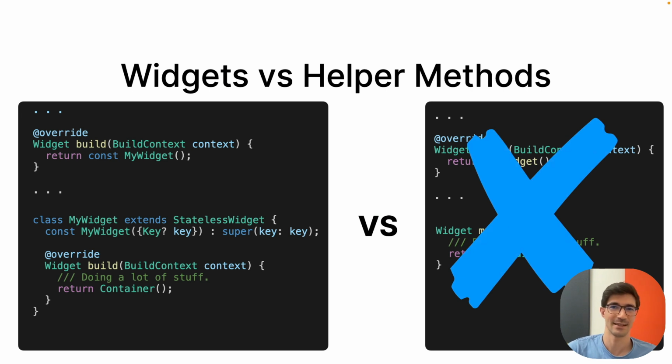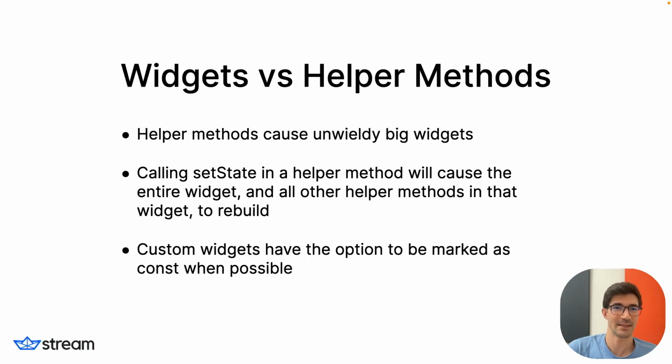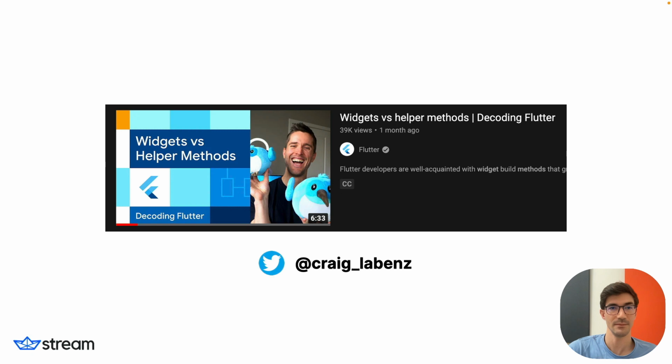We've indirectly touched on some of the points why you should prefer dedicated widgets. But the main reason is that when we call setState or when we rebuild a particular widget, we want to contain that to only rebuild what is needed. This becomes really hard to do with helper methods because our builds become really big as a result of using helper methods. If you want more information on this, this is a great video on the topic.